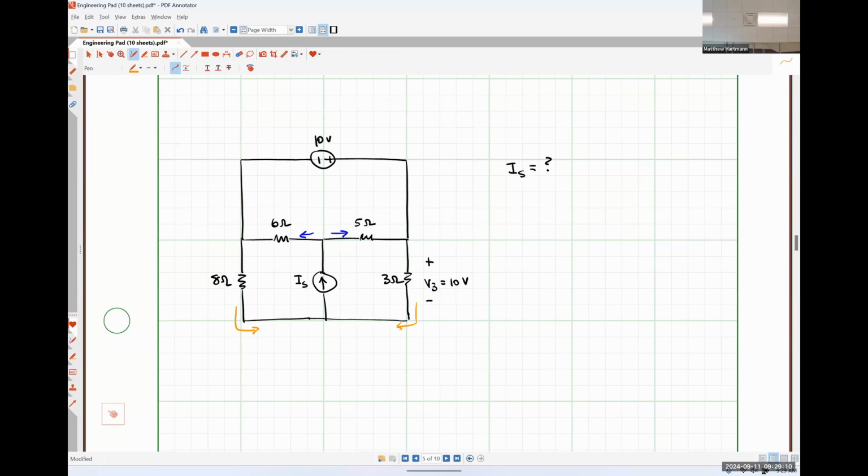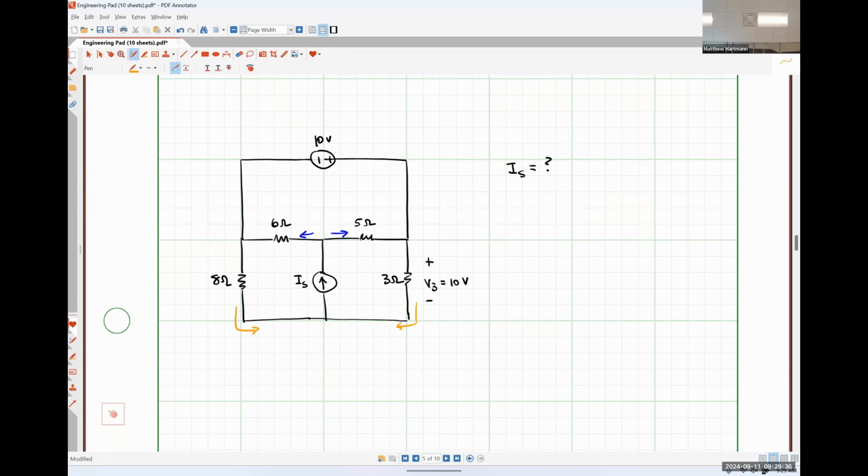Is everybody okay with that? Okay. So which of those sets of currents do you think is going to be easier to solve for? Are you saying the blue or orange?